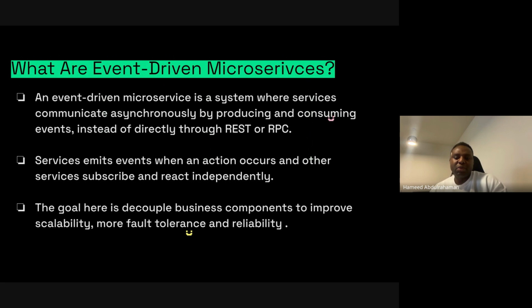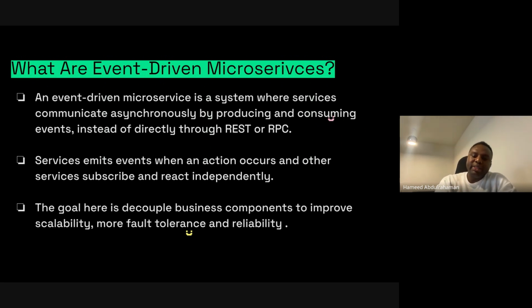We need to improve the scalability of our systems, make them more fault tolerant, and improve their reliability. That's one of the key reasons for using event-driven microservices: to house the 3-point-something billion users on the internet today, who are doing various transactions, processing, and communication.